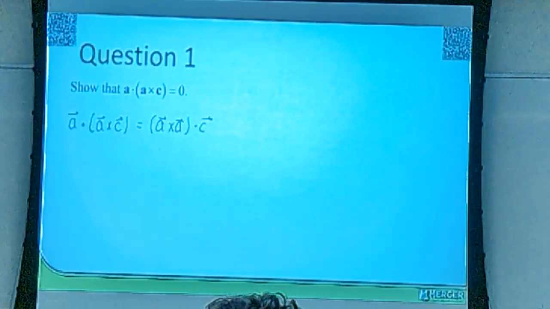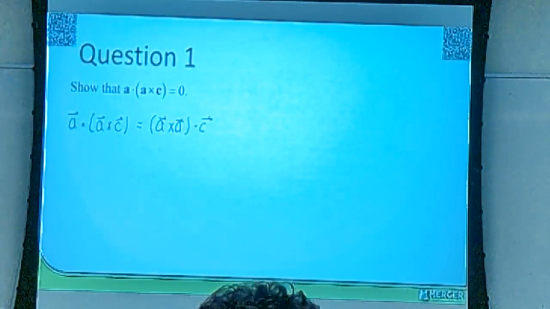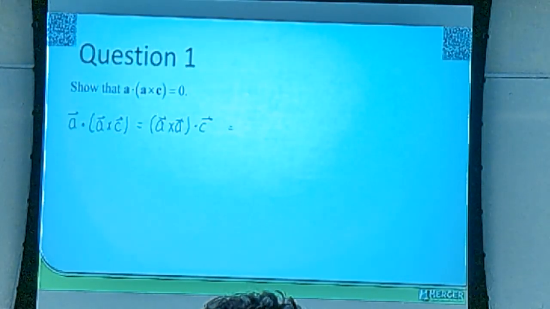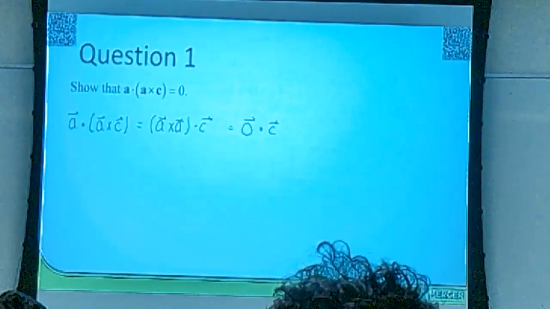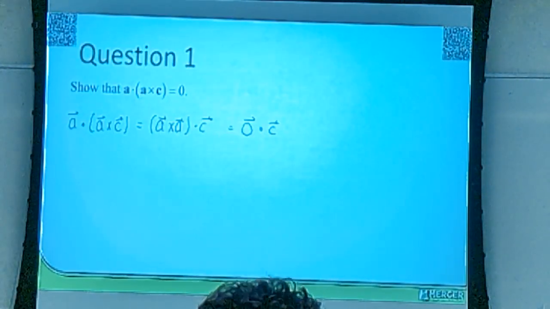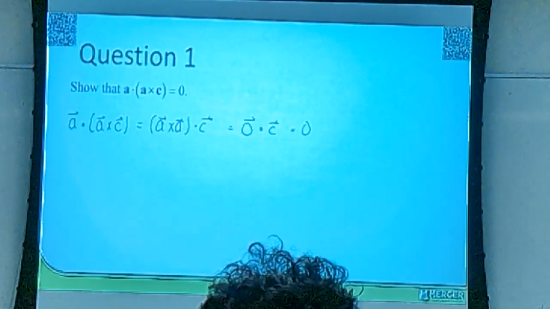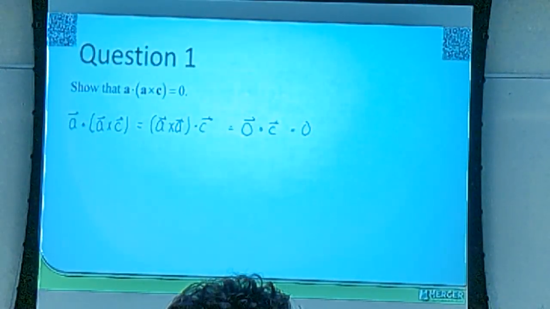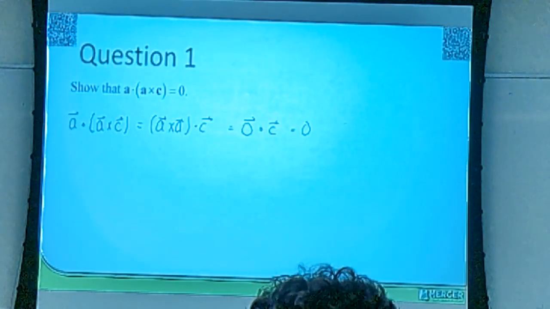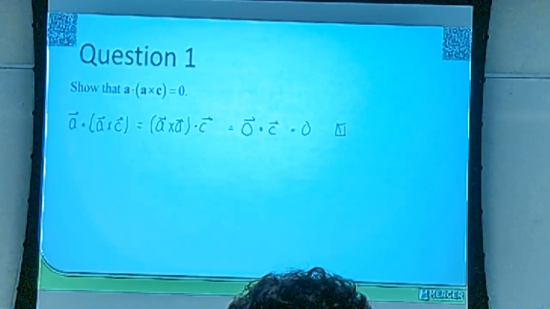Property 6, the triple scalar. Property 5, any vector crossed with itself is 0. And then there's a property for dot products, I forget the number, any vector dotted with the 0 vector is automatically 0. Done.